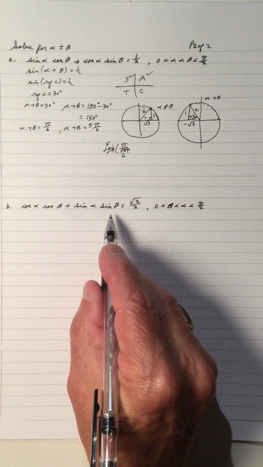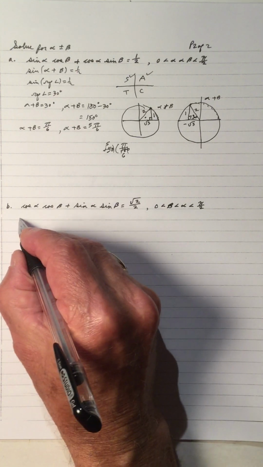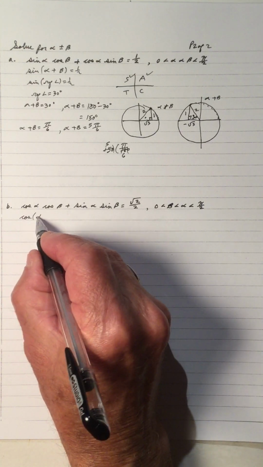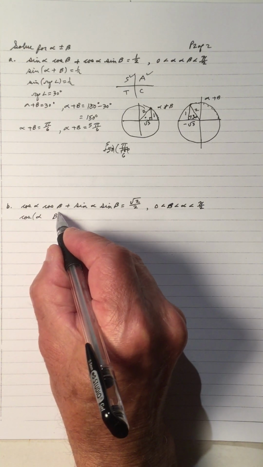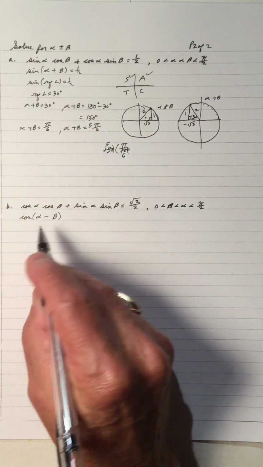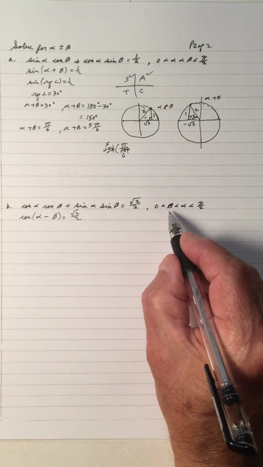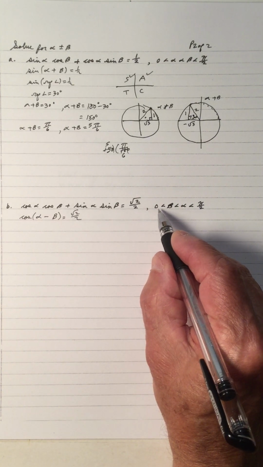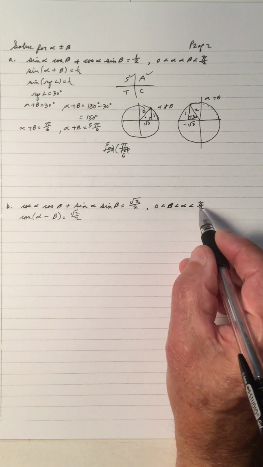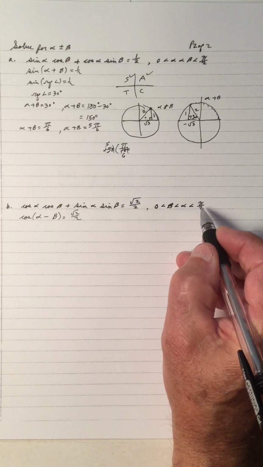Now we have another one we want to solve. Again, this looks like the addition formula for cos. Why cos? Cos cos, sine sine, and it's alpha and beta. In terms of cos, the sign changes, so that's a minus. And it equals √2/2. Again, we have 0 degrees less than beta less than theta.